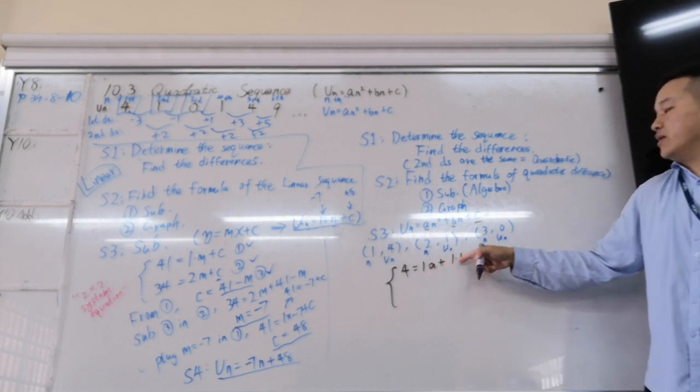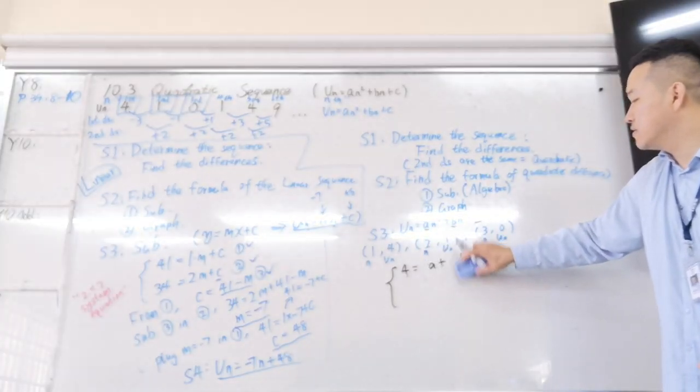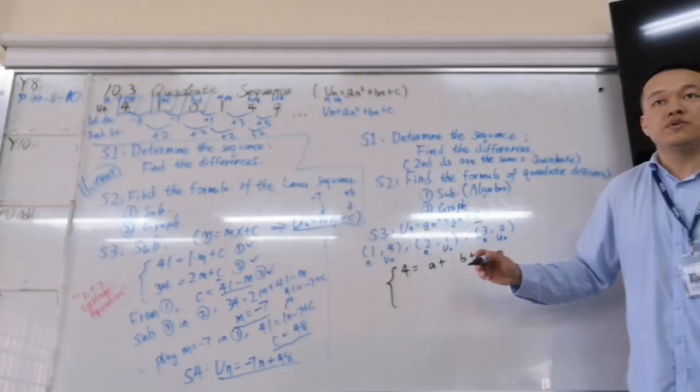You know that 1a, 1b is just a and b, right? We can just ignore that. Okay, that's the first one.